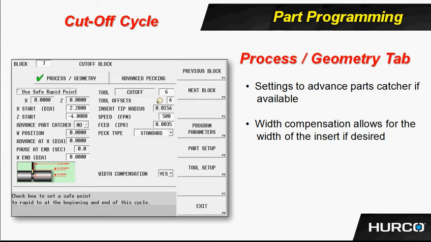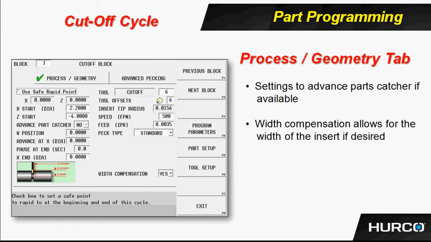All the chips are just going to fall on my parts catcher and I'm going to catch 3 inches worth of material. So I want to wait and advance the parts catcher at a more opportune diameter, maybe 1/4 inch, something like that. That way I'm going to limit the amount of chips that I'm going to pick up with the parts catcher.